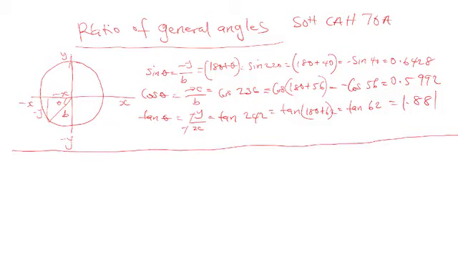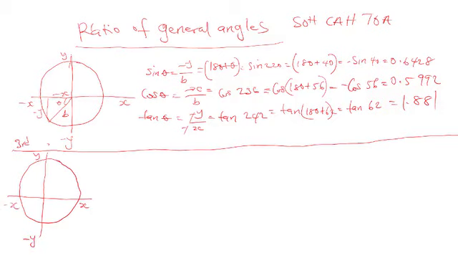Now let's do the fourth quadrant. That was our third quadrant. Now let's go to the fourth quadrant and complete our analysis. So if we have it this way and this way, these are x, these are y, these are minus x values, and these are minus y values.